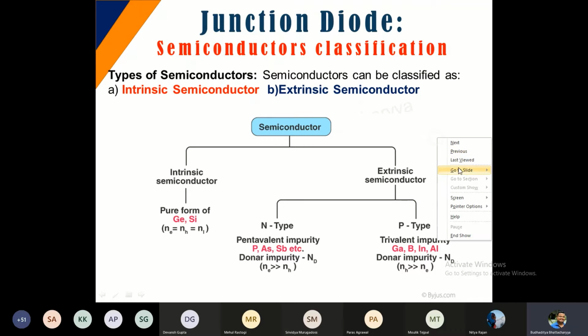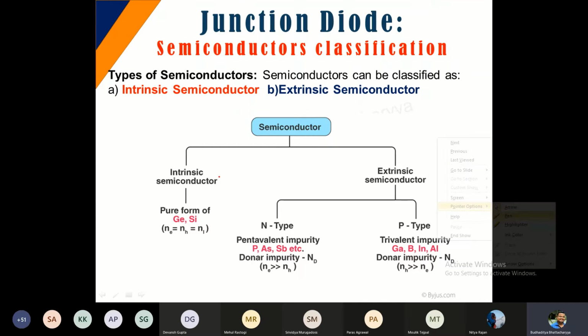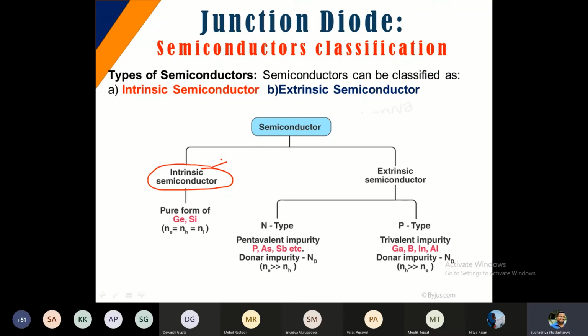So if I just point out over here, an intrinsic semiconductor is basically a pure semiconductor, whereas an extrinsic semiconductor is an impure semiconductor, because there will be a process in which the extrinsic semiconductor will work.